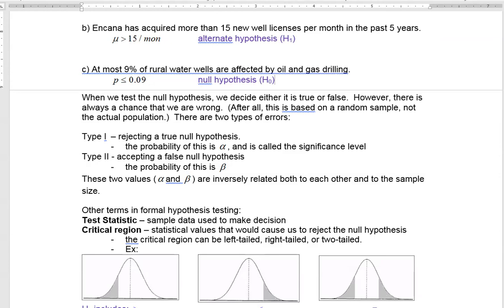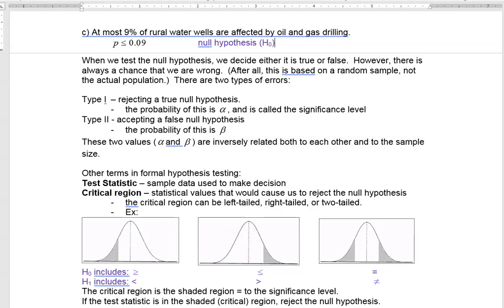So we have 3 possibilities for this critical region. We can have what's called a left-tailed critical region. That's the first picture. We can have a right-tailed critical region. That's our second picture. And we can have a 2-tailed critical region. That's our third picture. And they all depend on what's in our null hypothesis and our alternate hypothesis. So if our claim is greater than or equal to, we're looking at a left-tailed test.